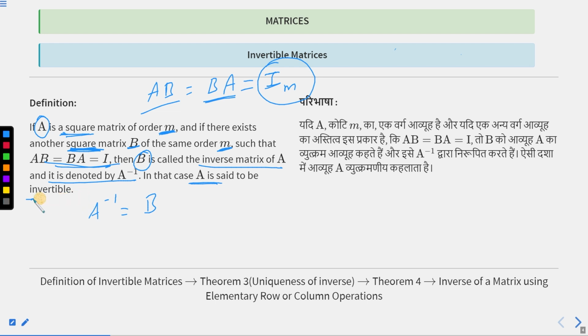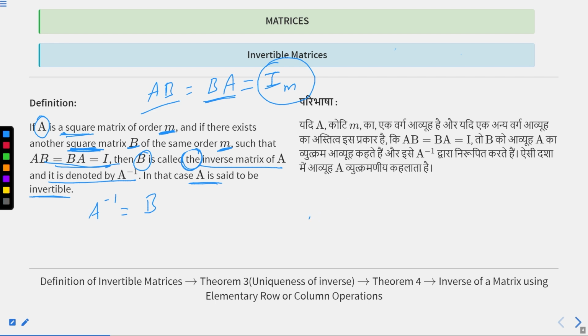I hope now it is clear what we mean by invertible. Whenever you have the inverse, you can say that the given thing is invertible. Why are we saying "the" inverse? Because of the uniqueness of the inverse. I hope the definition is clear.